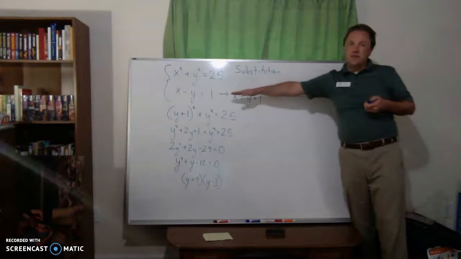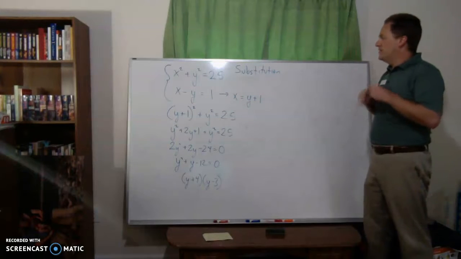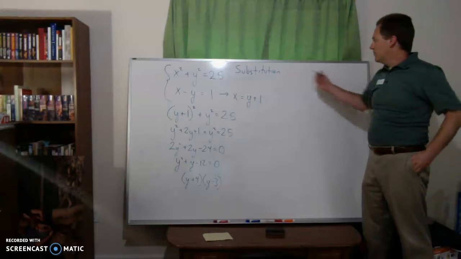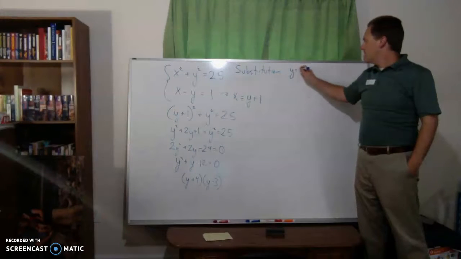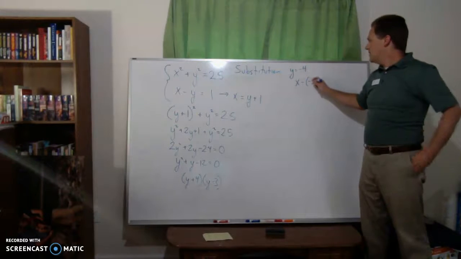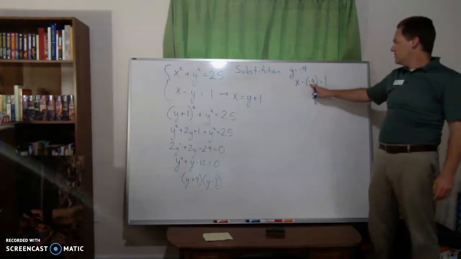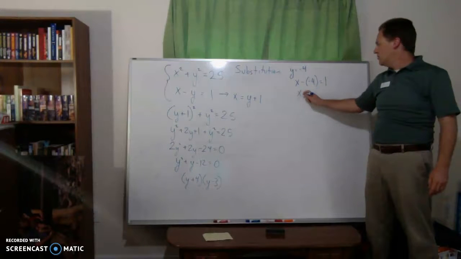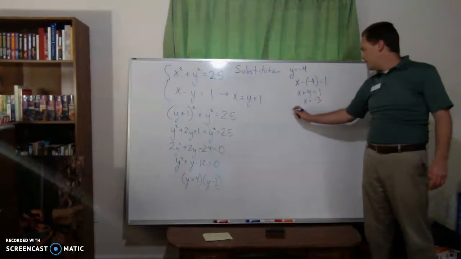So we're going to want to substitute into the line. This will make sure that what we get is what we're looking for. So if y is equal to -4, then I have x minus a negative 4 equals 1. Minus a negative 4 is the same thing as plus 4. Subtract 4 from each side, we get x is negative 3.